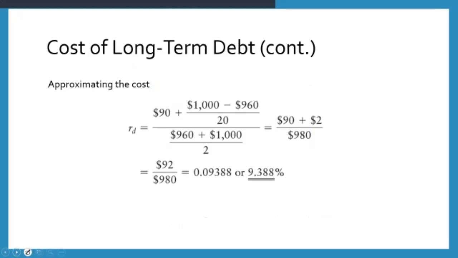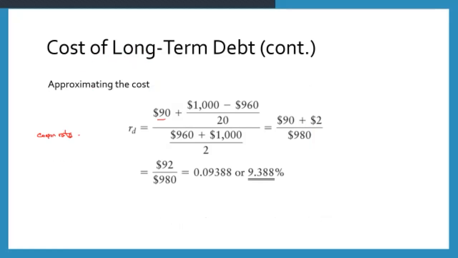Example. So we have the coupon rate. Remember the coupon rate for the interest rate was $90. The formula says 1,000 minus the net proceeds, which was the $980 minus the $20, $960, divided by 20 years for the bond maturity date.